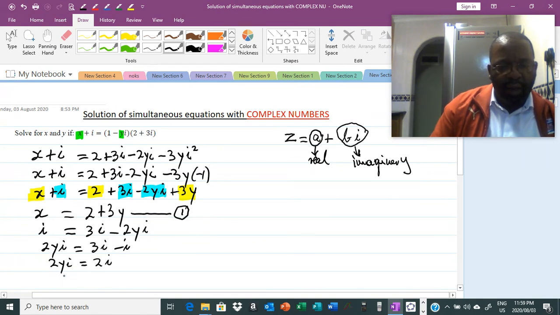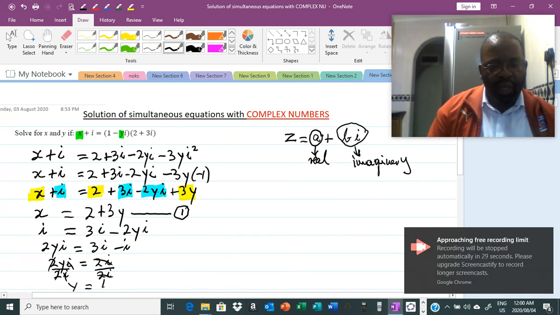And then i is common, we can drop it or we can divide by 2i on both sides. Then the 2 divides, and we get the answer that y is equal to 1.